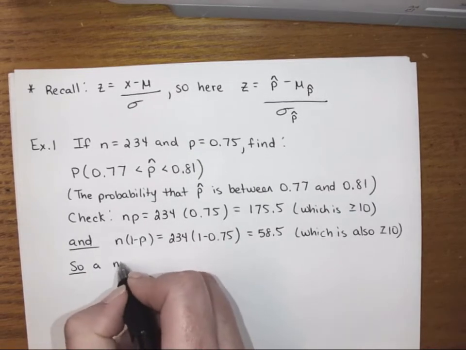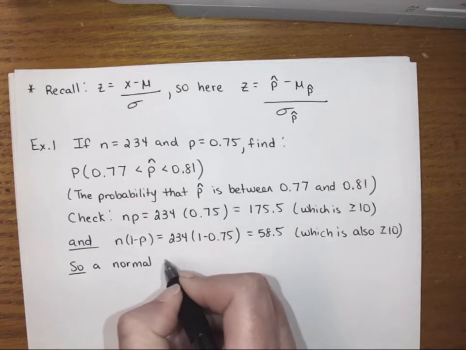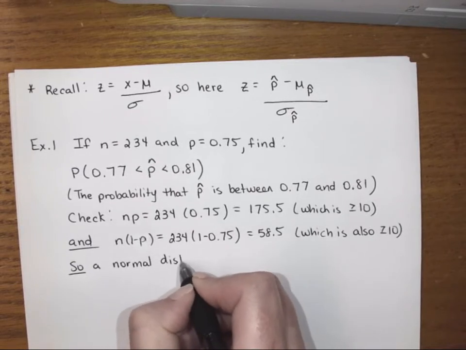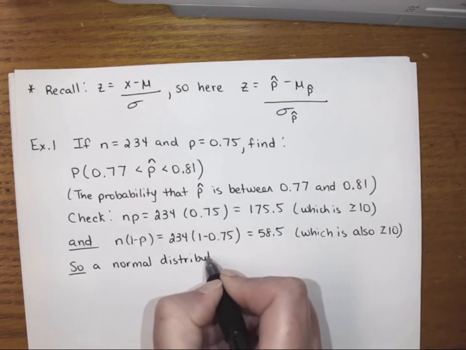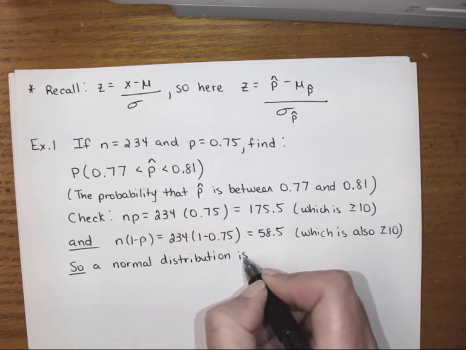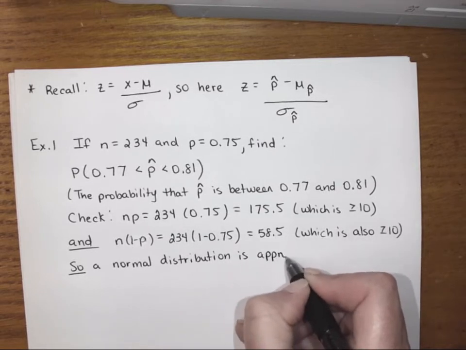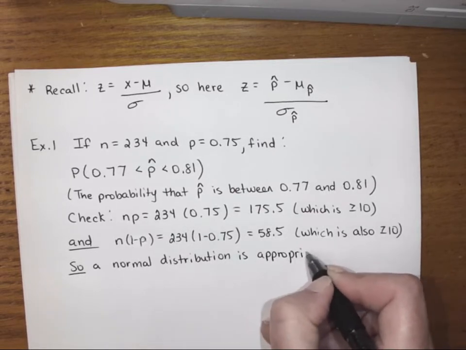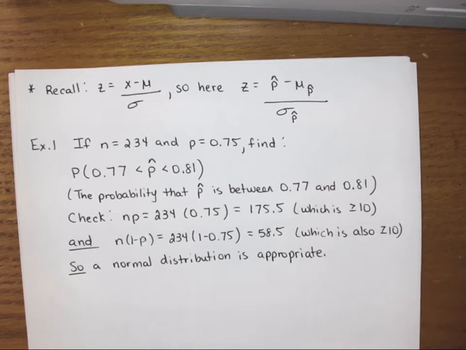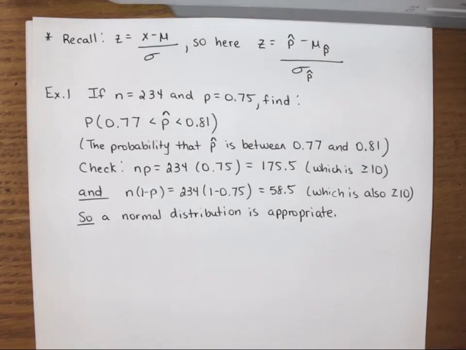So a normal distribution is appropriate and we can proceed. In other words, if the answer would have been no, it's not appropriate, then we would be finished with that problem because we can't proceed. We don't have any formulas if it's not a normal distribution for right now.